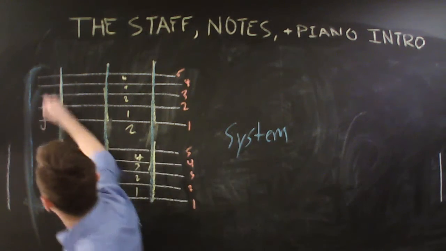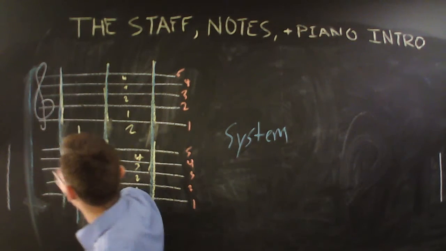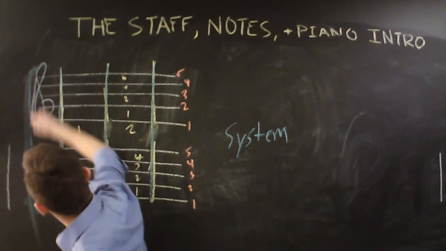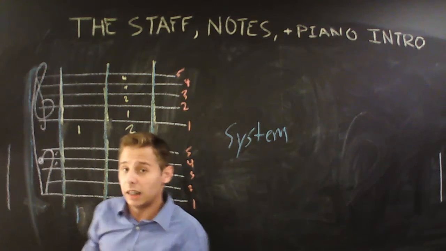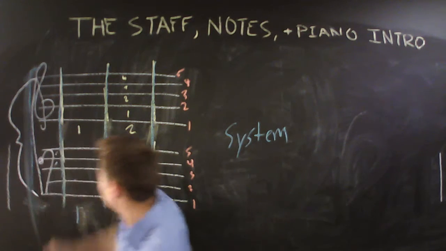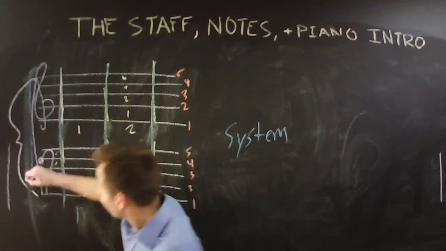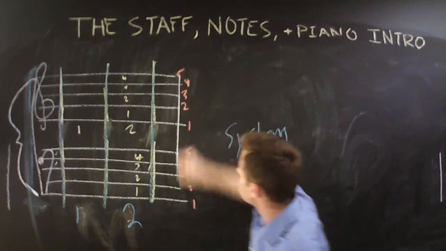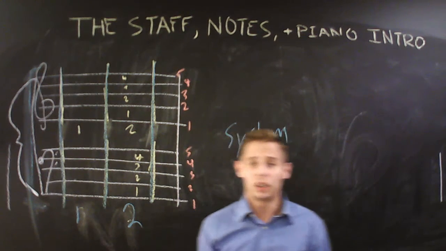So if we have a treble clef on the top line, and a bass clef on the bottom line, we also have a bar line at the end, and then a curved bracket, as opposed to a square bracket. This is the grand staff, and this is what piano music is written as.